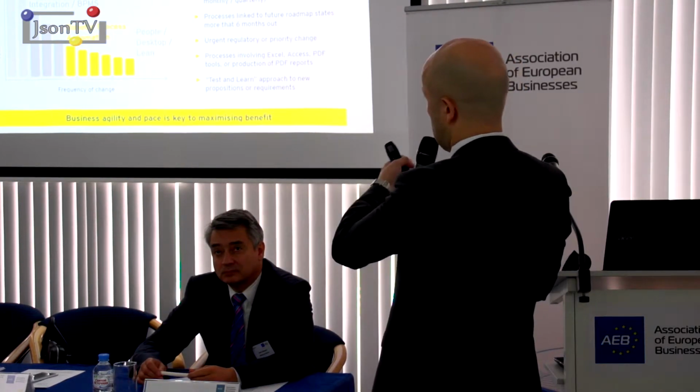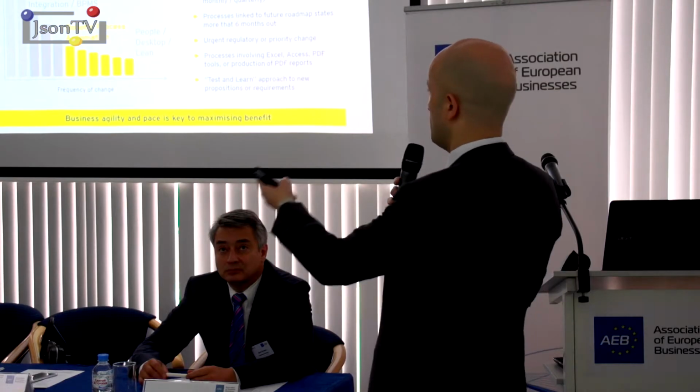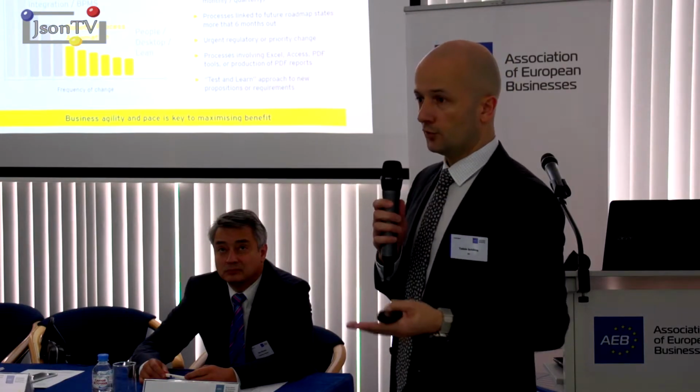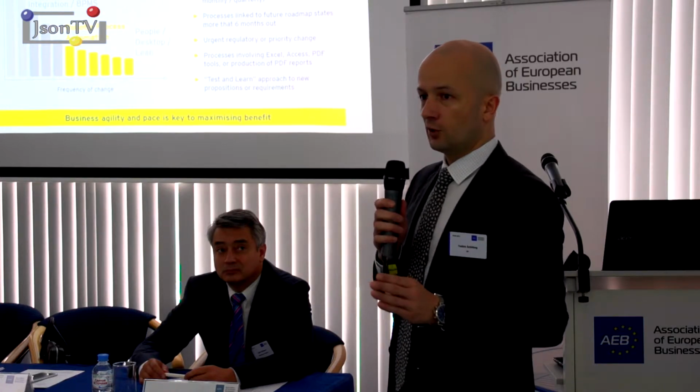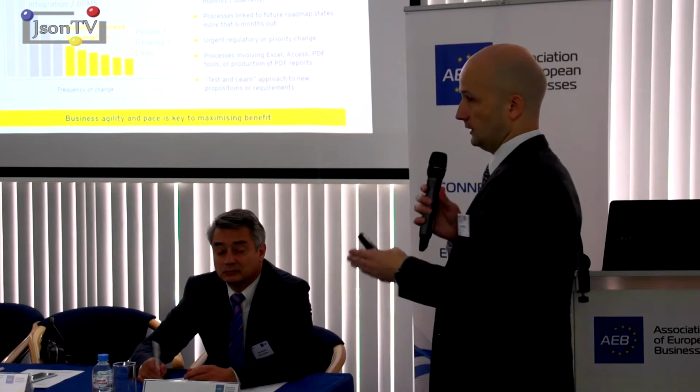And then you go down the alley to processes and to activities performed by humans that are more frequent in change. By more frequent, I mean from several weeks to several months. So it's not about years, it's not about days.